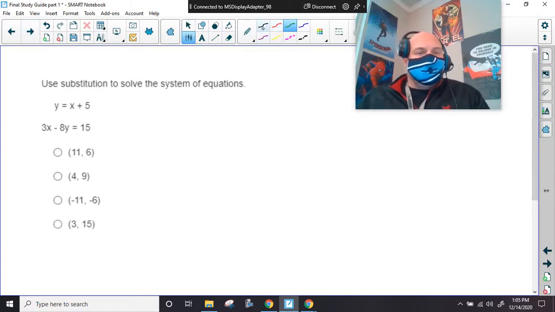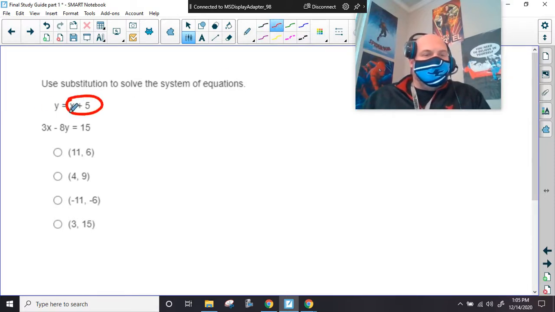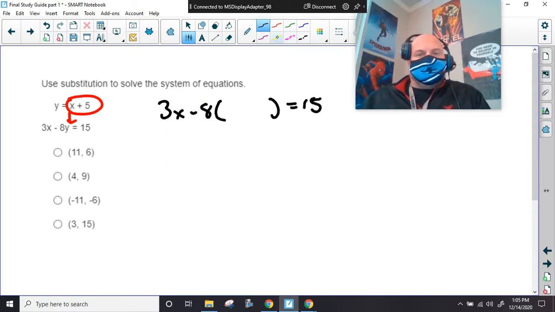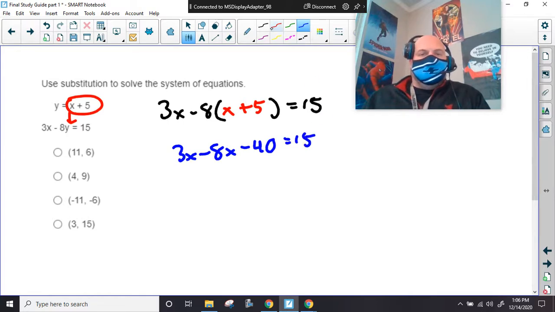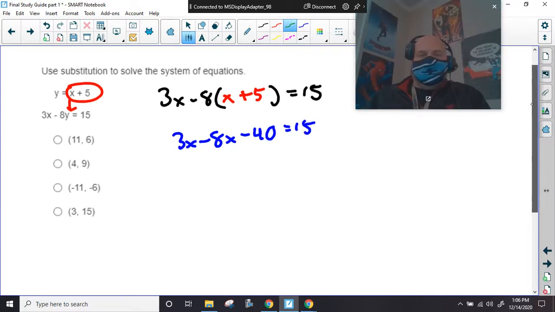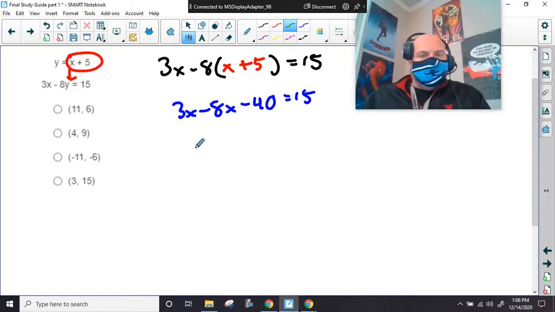Use substitution. So everywhere I see y, I'm going to plug this in. All right, so 3x minus 8x minus 40 equals 15. This is negative 5x minus 40 equals 15.